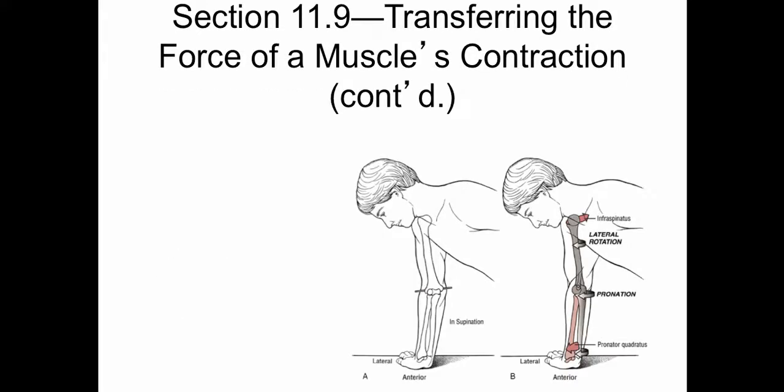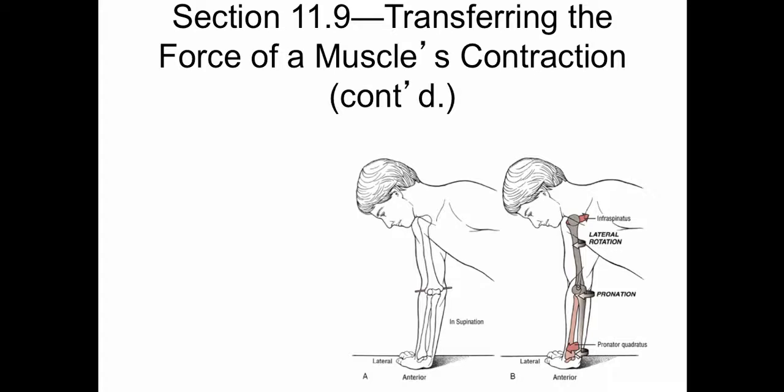An example of the force of a muscle's contraction being transferred to a joint that the muscle does not cross is shown here. This slide shows the lateral rotation of the arm at the shoulder joint with the distal end of the upper extremity fixed. The image on the left shows a person whose shoulder joint is medially rotated and the forearm is supinated.